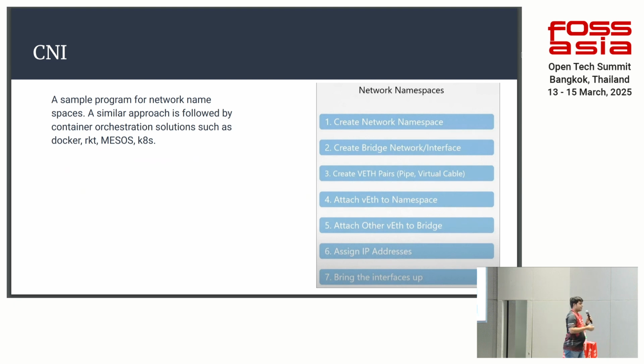Similarly, every individual network namespace will have its own NIC, network interface card, its own sockets, ports, iptables rules, firewalld, nftables, etc. And then they will be running on different protocols within the same container, right? So in order for me to establish a network within a container, the very first requirement is to be able to create a network namespace.